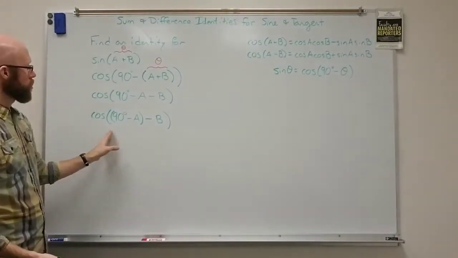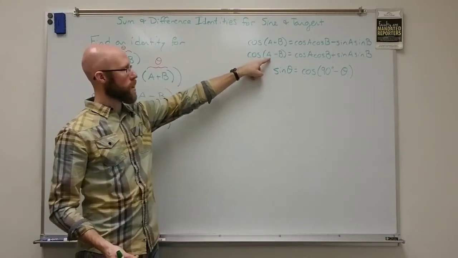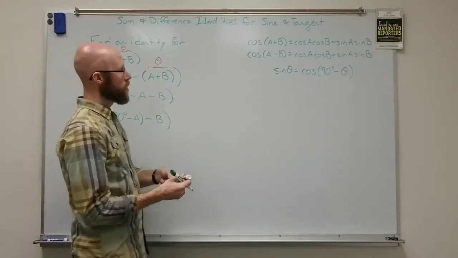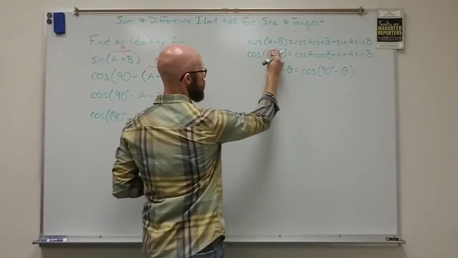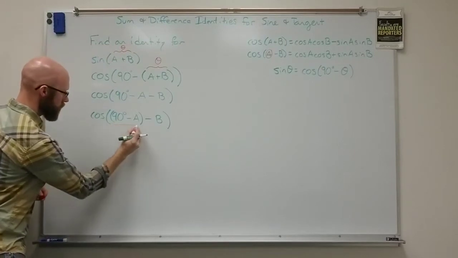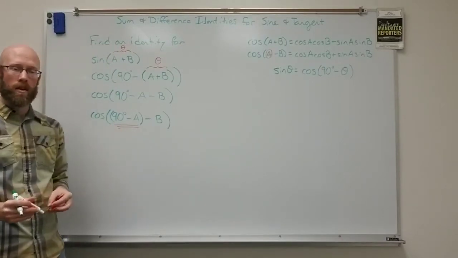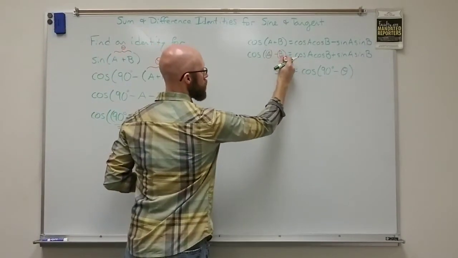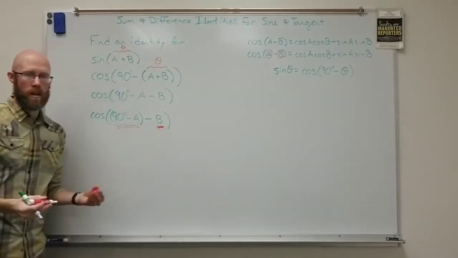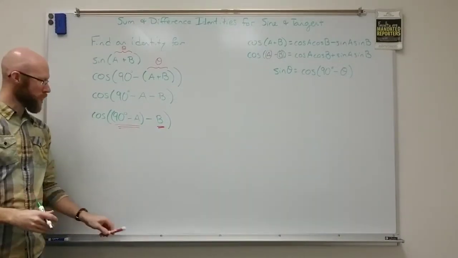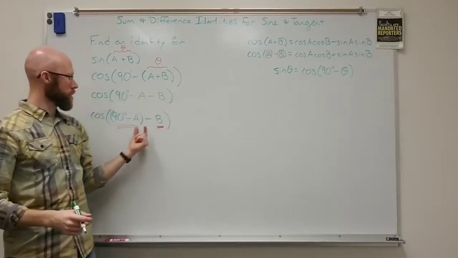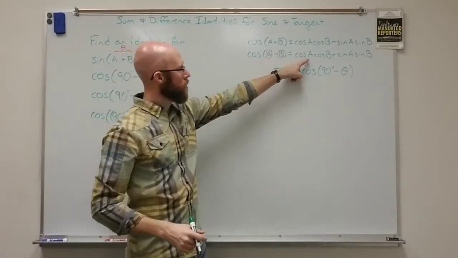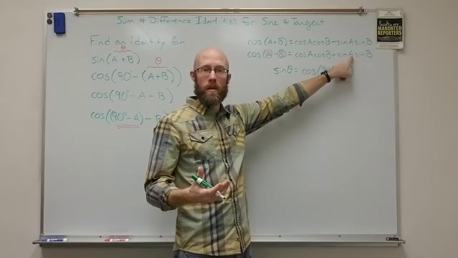So now I'm going to look back at the cosine of a difference, and I'm going to consider the a in this formula to be the 90 minus a that we have here. And then the b is going to be this b. b and b are the same, but the a's are a little bit different. The a in that formula is the 90 minus a in this one. And so anywhere there's an a up here, I'm going to replace it with 90 minus a.